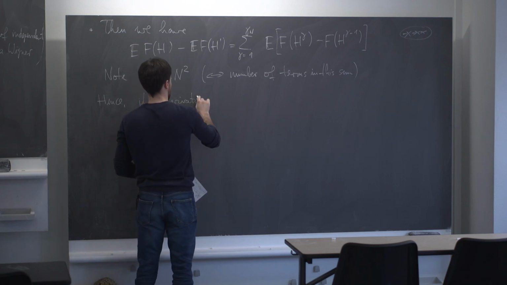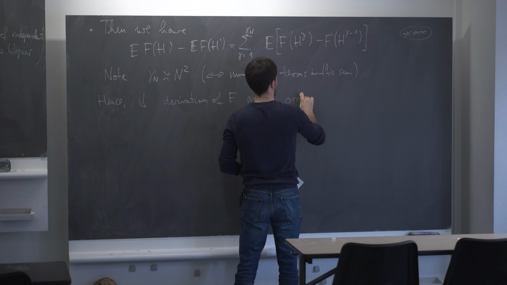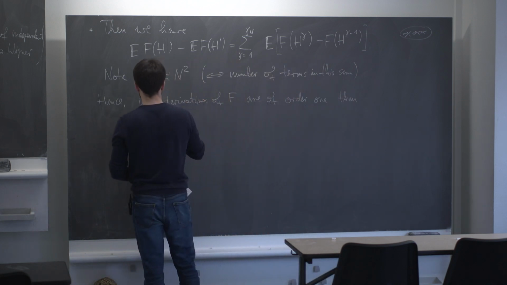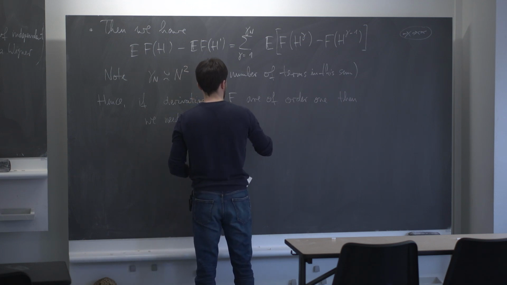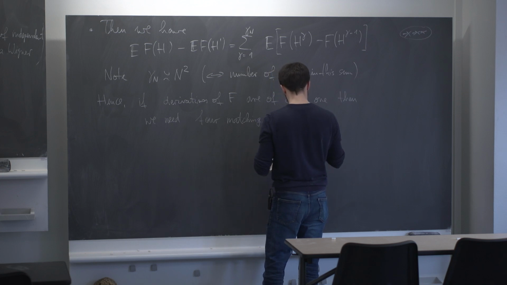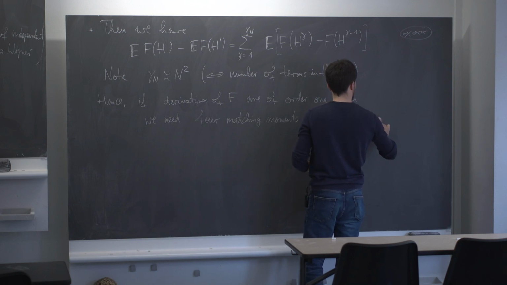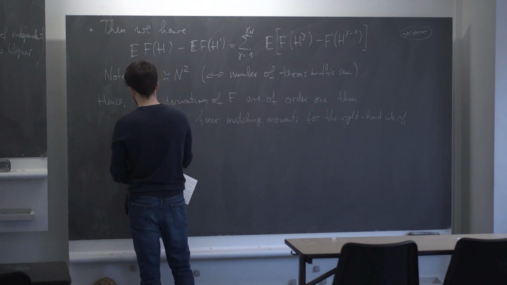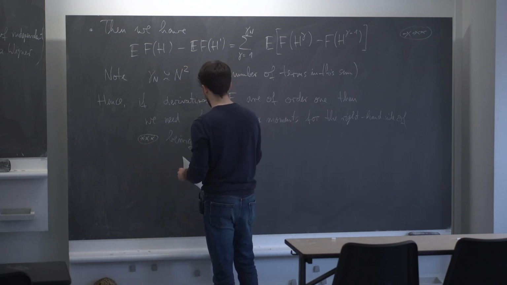And so that's what I'm saying next. If the derivatives of F are of order 1, then we need 4 matching moments for the right hand side, for the right hand side being little o of 1.